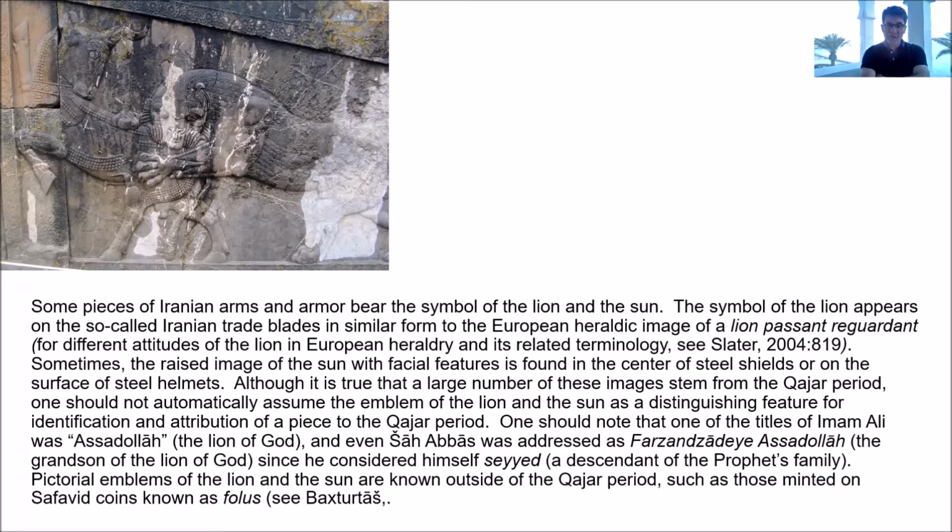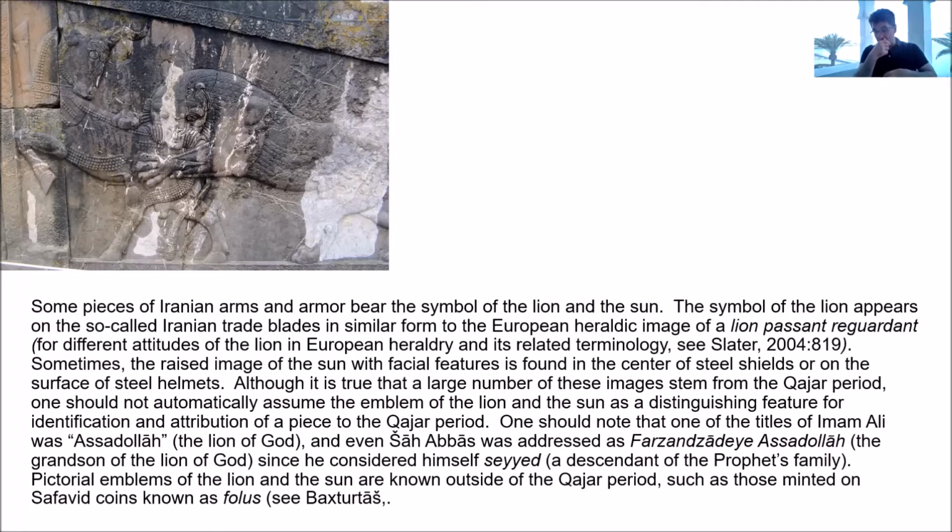So the symbol of the lion and the sun, and then the symbol of a lion subjugating a bull, we will see not only on ancient Iranian arms and armor, but also on many Iranian arms and armor from the Islamic era. There are different interpretations of them. We have a number of Persian or Iranian shamshir blades, which among collectors of arms and armor are known as trade blades.